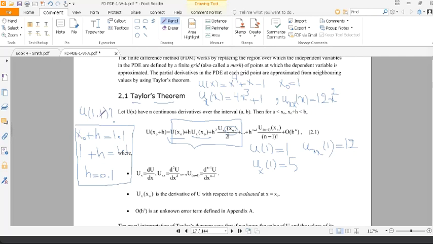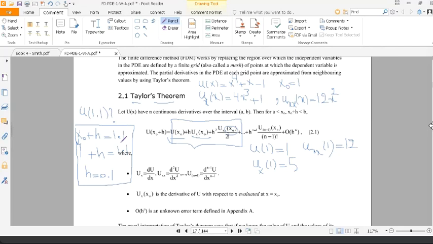Yes, 1.1 is x0 plus h. And the exercise says you put x0 equal to 1. Then x0 is 1, and x0 plus h equal to 1.1, and then we obtain that h equal to 0.1.